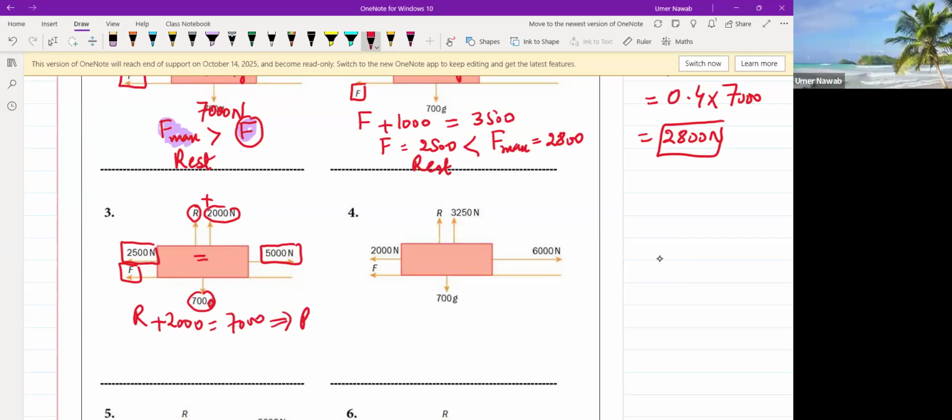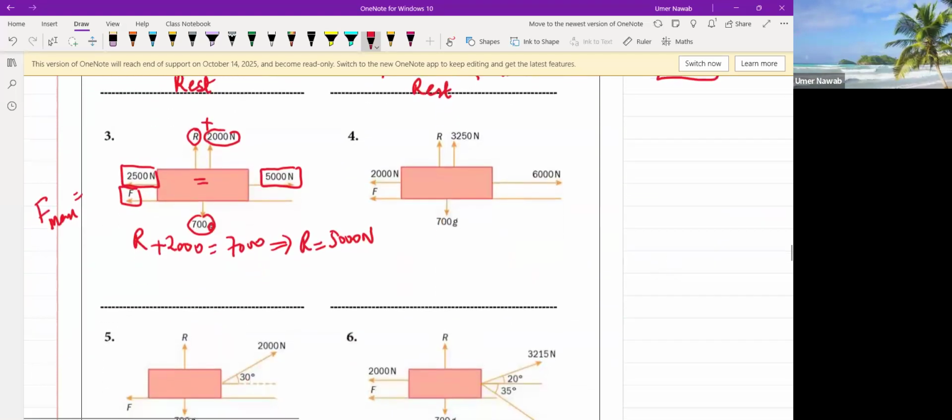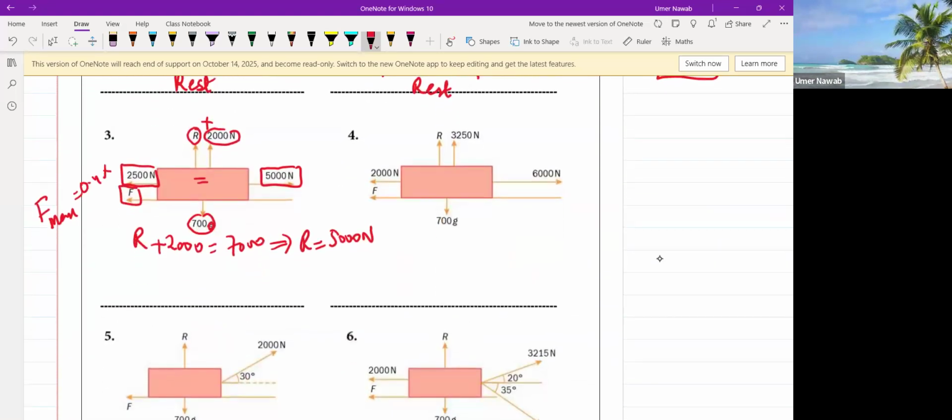So this gives you R is equal to 5,000 newtons. Now F max will be what? It is mu R. Mu is given to me as 0.4 and R is 5,000. When I multiply them together, I get 2,000 newtons.